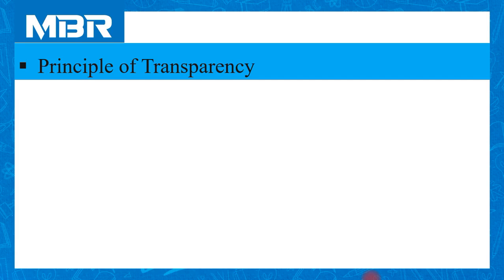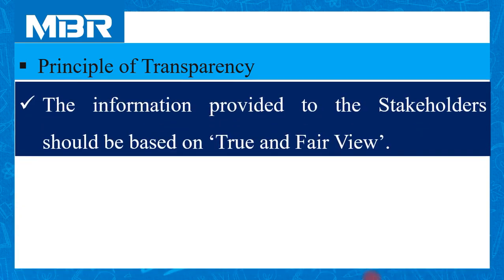But now the time is different. We need to be very transparent because the government insists that we inform about all the activities performed for corporate social responsibility for different stakeholders in terms of a CSR report.